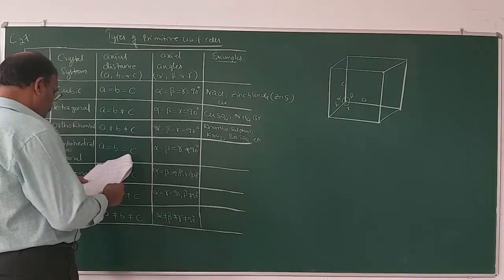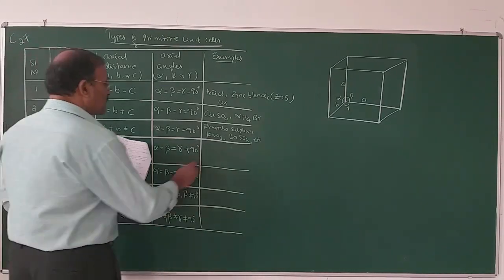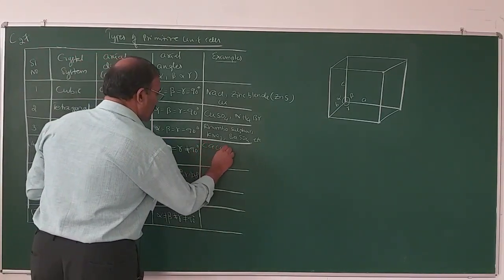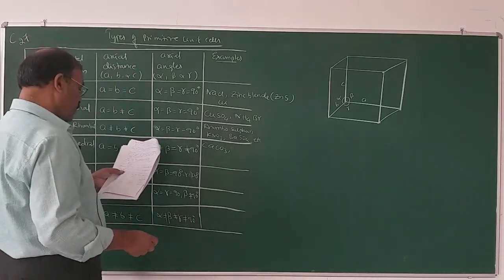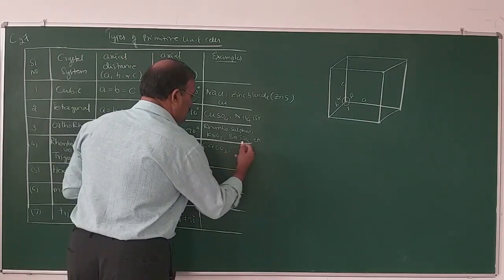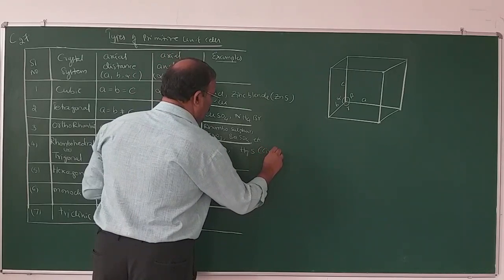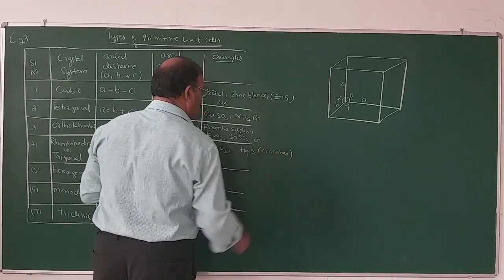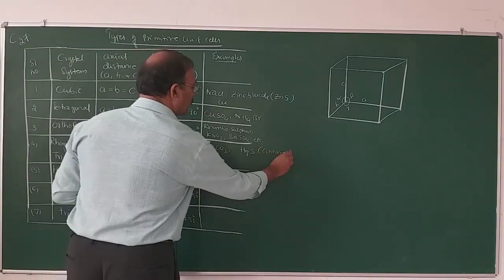Similarly for rhombohedral, CaCO3, the structure of calcium carbonate is rhombohedral. Similarly, HgS, it is called cinnabar. So mercuric sulfide is called cinnabar.